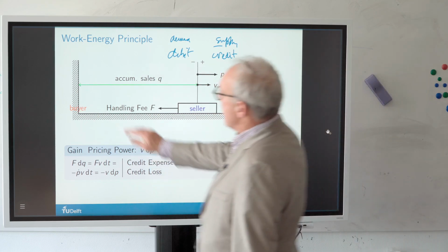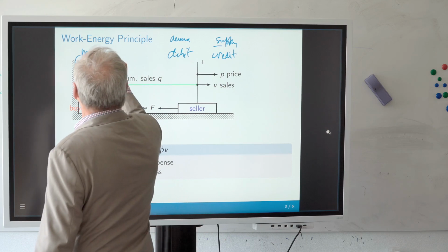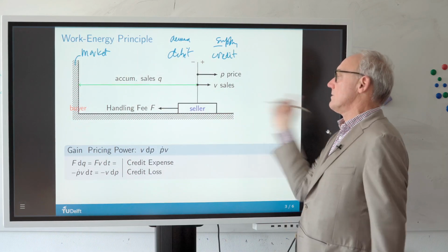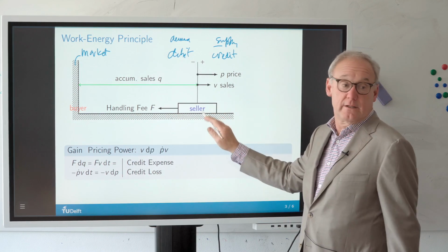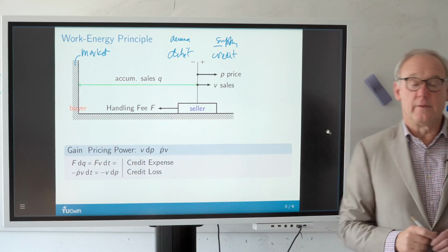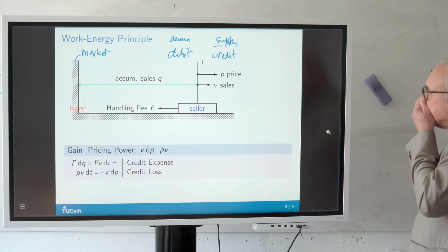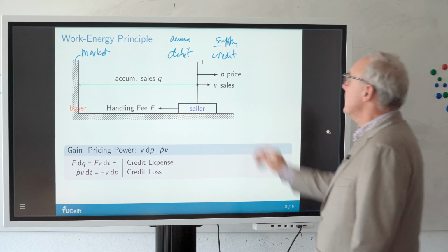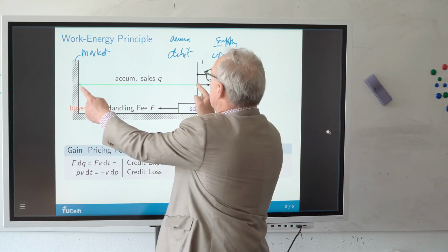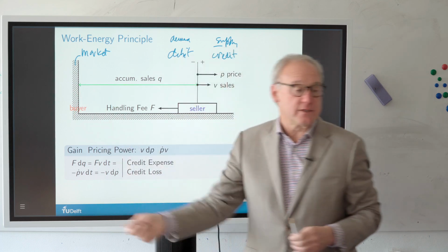Now, here is the market. This is the market, right? In this case, the individual is moving that way. That makes him into a seller, and the market into a buyer, right? Now, what's happening? The seller is selling these items to the market by lengthening this distance here, where you can keep track of that.